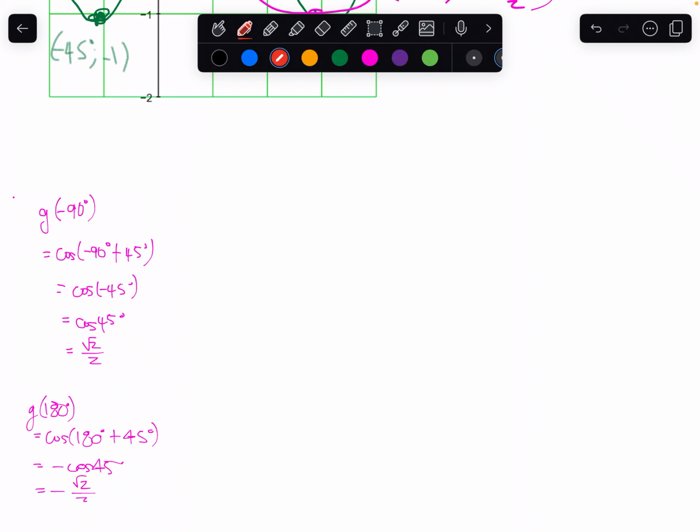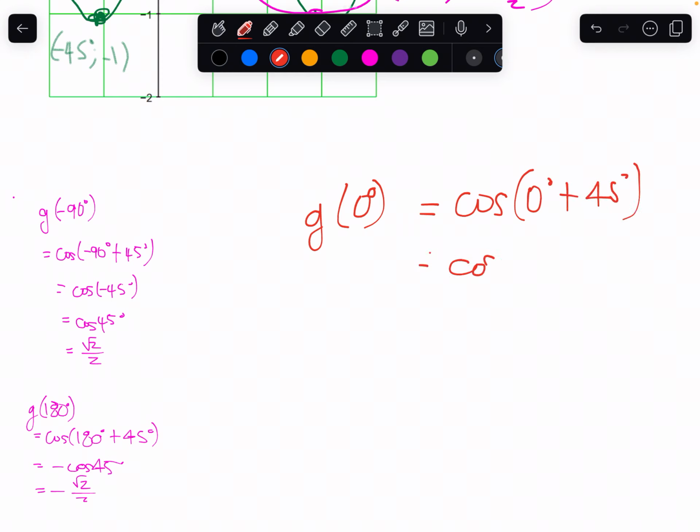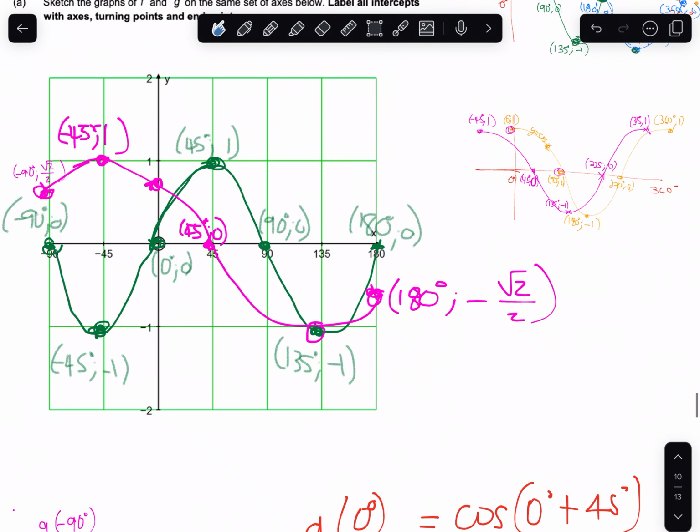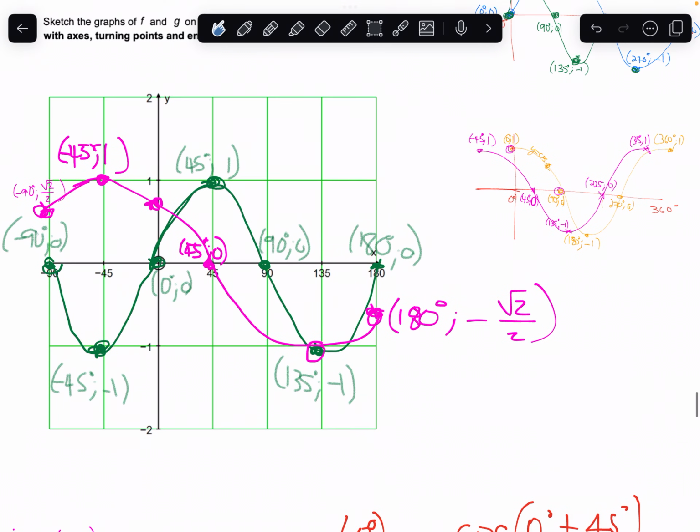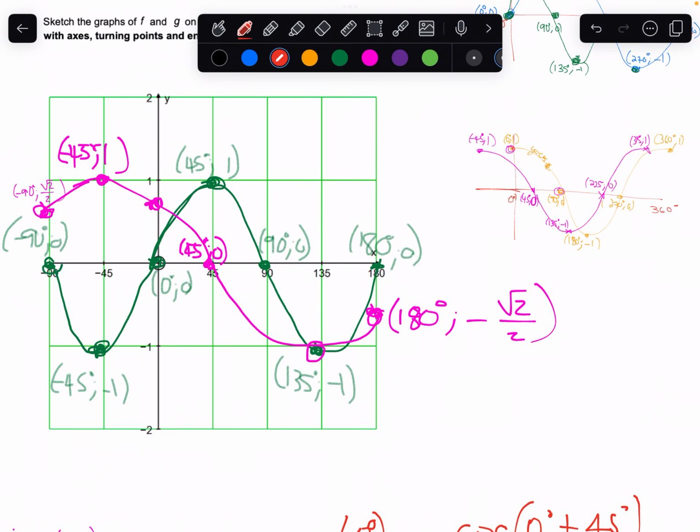So we are looking for g of 0. Okay, when x is 0, what is the y value? So that will be cos of 0 plus 45, which is cos of 45, which is also root 2 over 2. Okay, so this will be 0 and root 2 over 2. So that would be this guy.